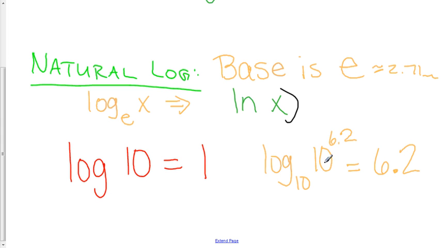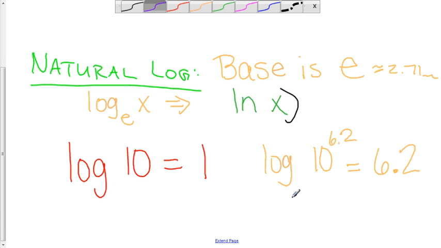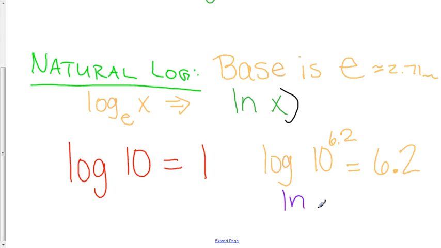Because log base 10 and 10 go away, and so you're left with just 6.2. And this wouldn't have to be written there. Same thing could happen if you had ln of e to the 6.2. Then our answer is still going to be 6.2, because ln and e cancel each other out because they're inverses of each other.